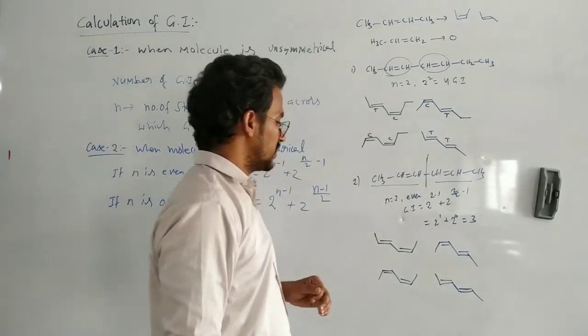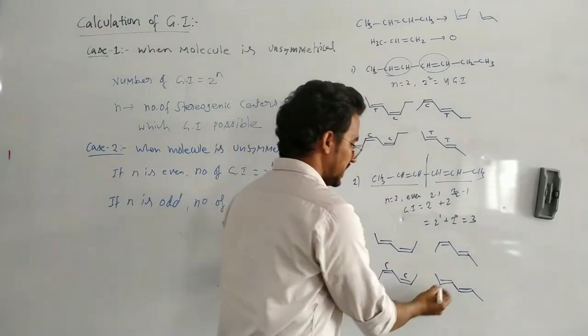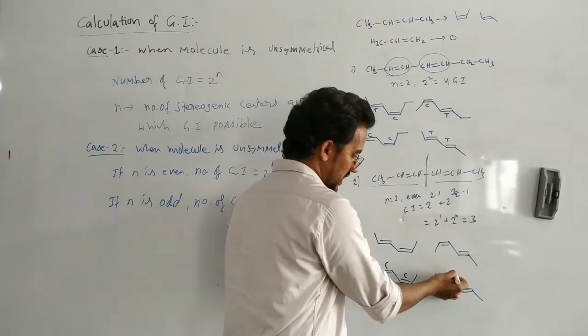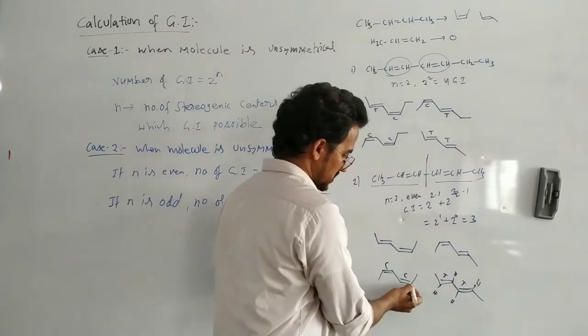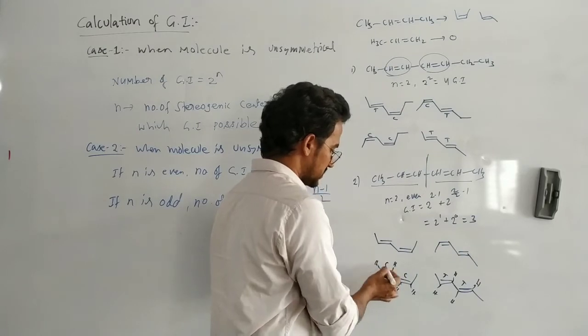See this one. It is a cis. It is a cis. It is trans and it is trans. Right? Because this is the hydrogen, this is the hydrogen. Opposite hydrogen, hydrogen. Opposite. This hydrogen and this hydrogen, both cis.